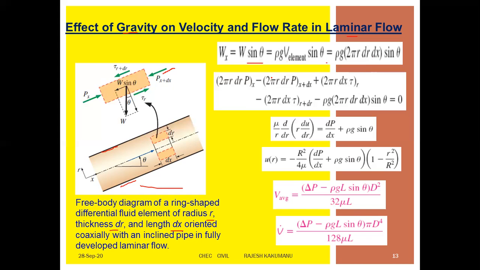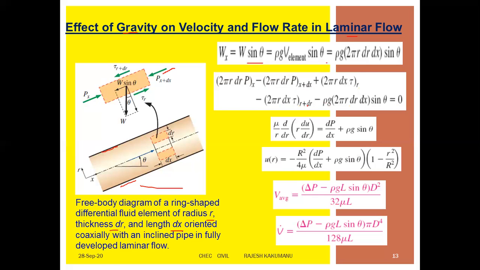Now if we simplify this, 2 pi r dr into pressure at x minus 2 pi r dr pressure at x plus dx plus 2 pi r dx tau r minus 2 pi r dx tau r plus dr, minus rho g 2 pi r dr dx sin theta is equal to 0.